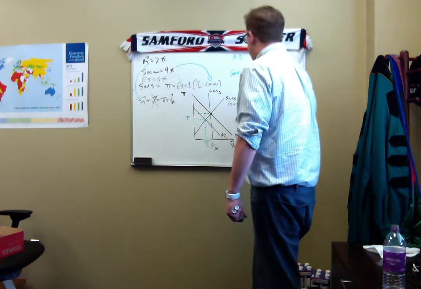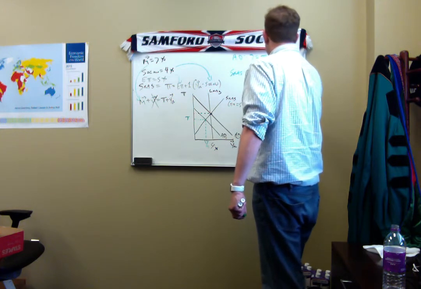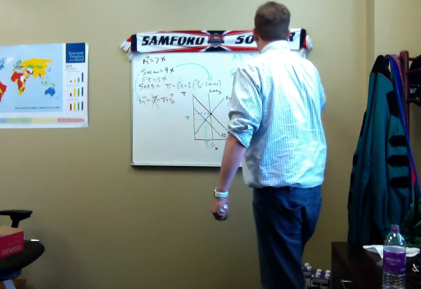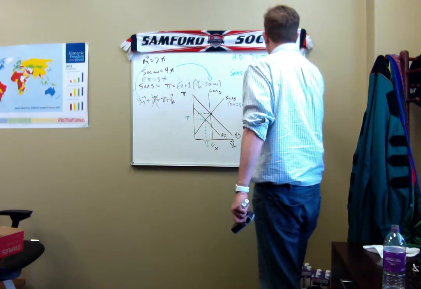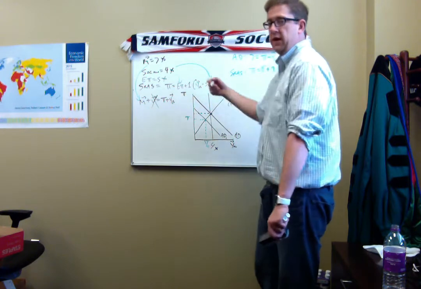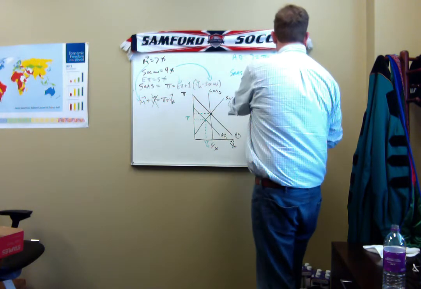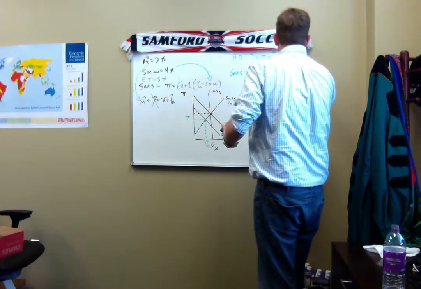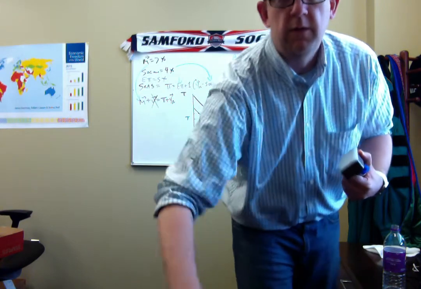And then for short-run aggregate supply, inflation is equal to 5%, that's expected inflation, plus 1 times, again, the gap between where the economy is and the economy's Solow growth rate of 4%. Okay.